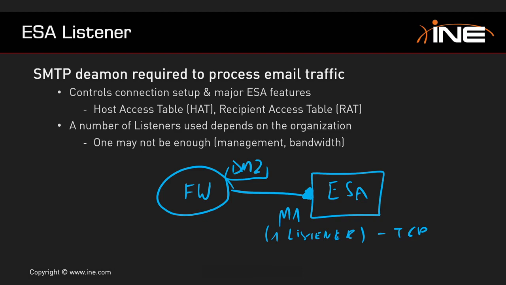And this applies to connections coming from your internal network, from the inside, so from your internal SMTP server. Plus, it is also expected to handle connections coming from the outside, from external SMTP servers.